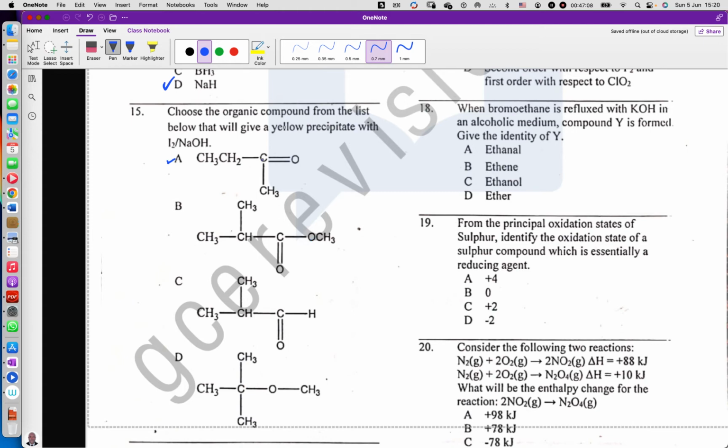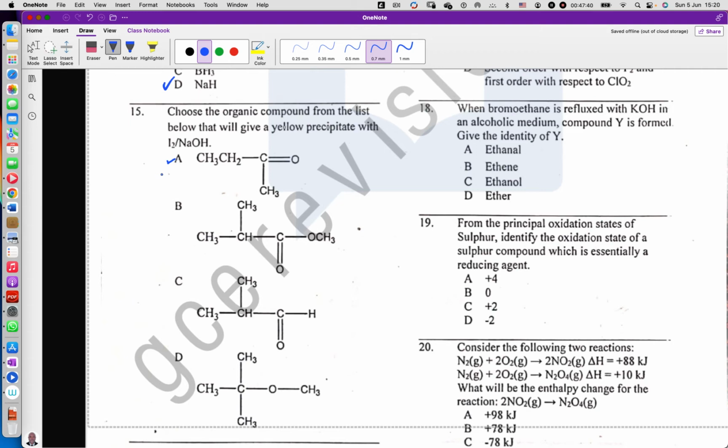Let's come here to A. Okay, there is a methyl group here. This methyl group is attached to the carbon atom bearing the functional group. In this case, this is a methyl ketone. So A will give a yellow precipitate with alkaline aqueous iodine.